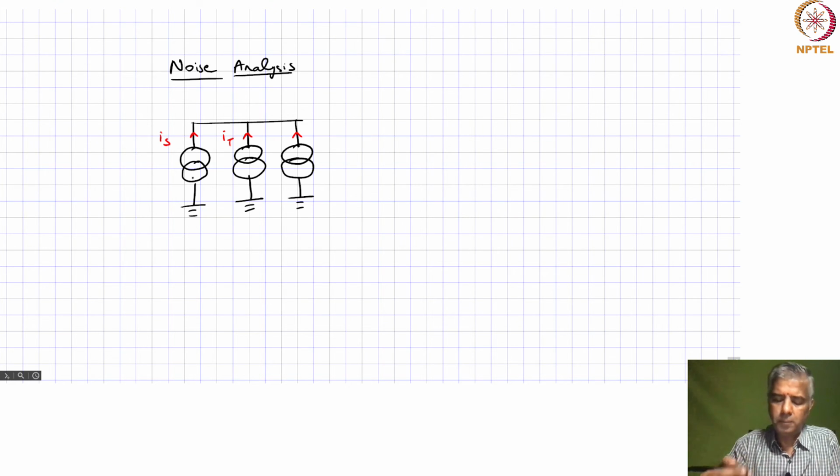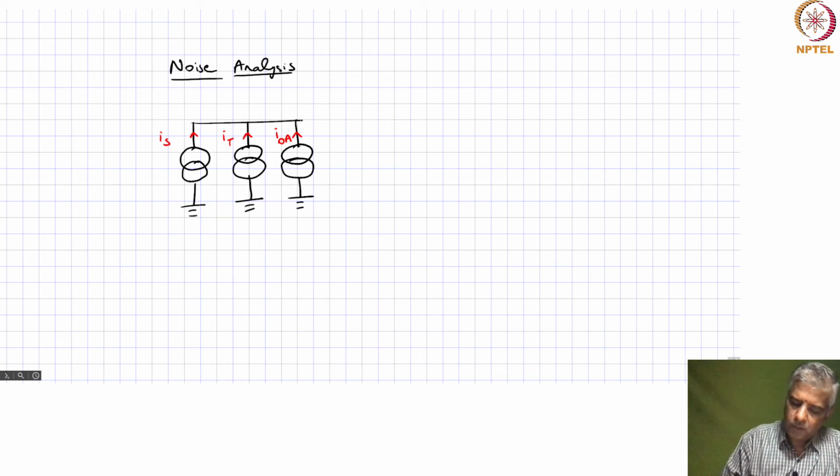Once again, like what we talked about, it is because of the thermal motion. So this I_T corresponds to all the external components that we have, but this current here is because of the op amp. So I'm calling this I_OA.